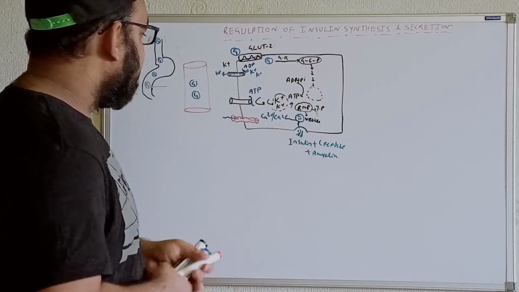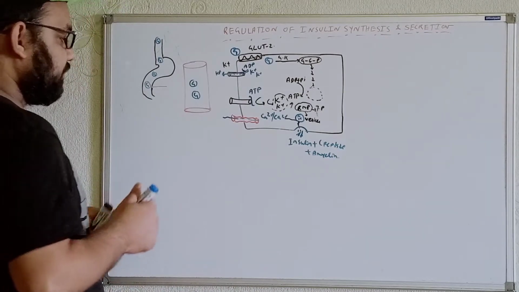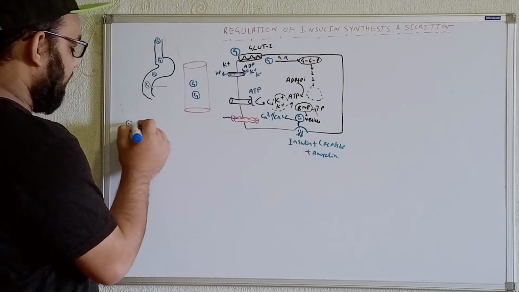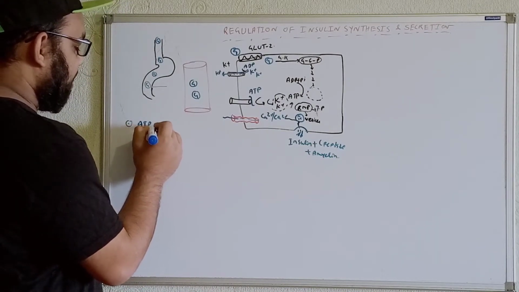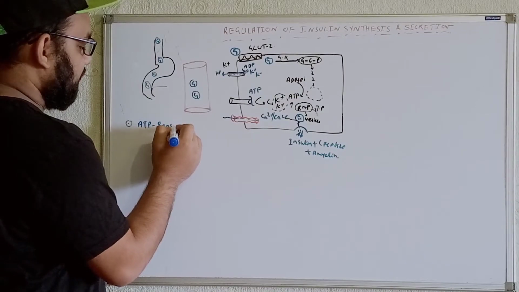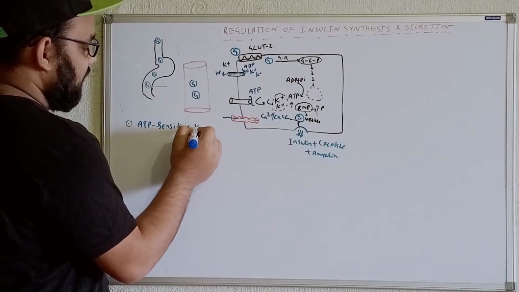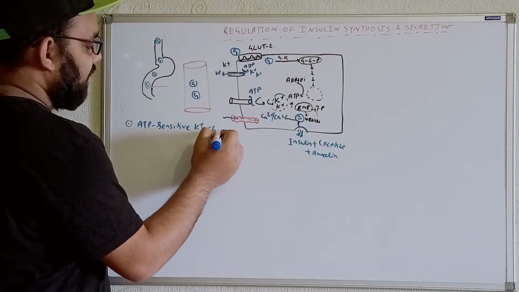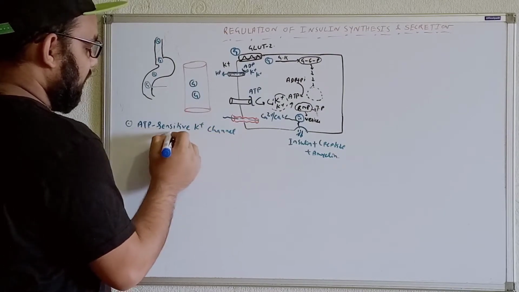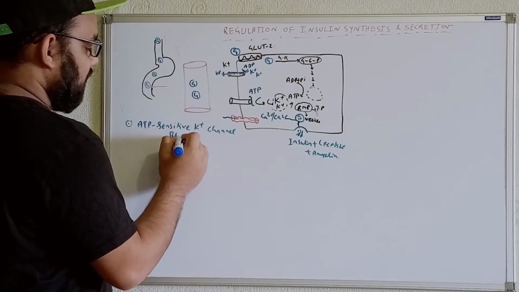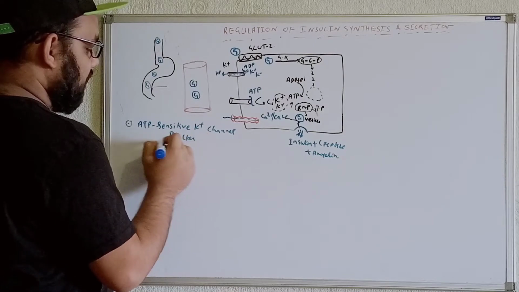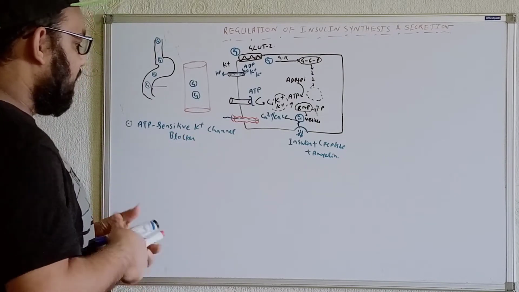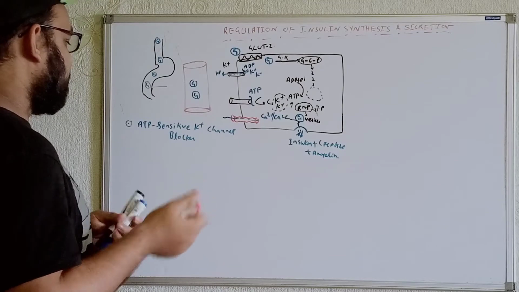Now we can use certain kinds of drugs. You can write it over here: ATP sensitive potassium channel blockers or inhibitors within the pancreatic beta cells. What type of drugs will we get over here? At least two groups of drugs we are supposed to know.